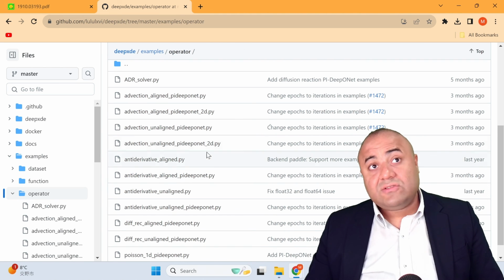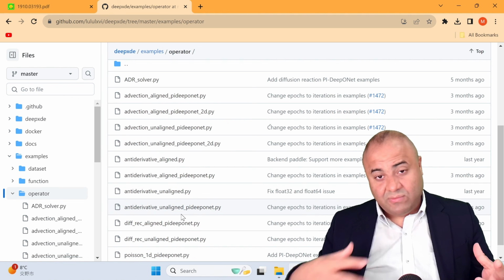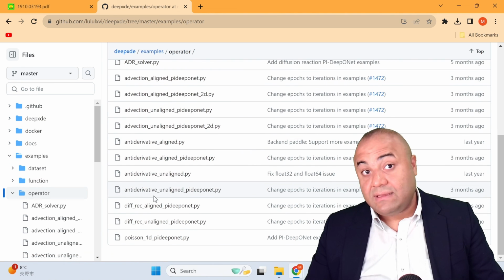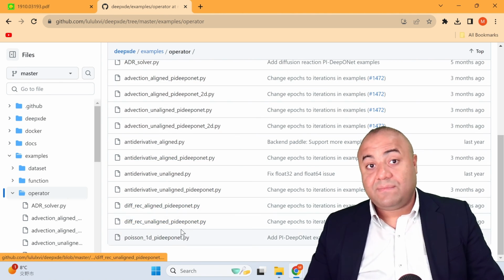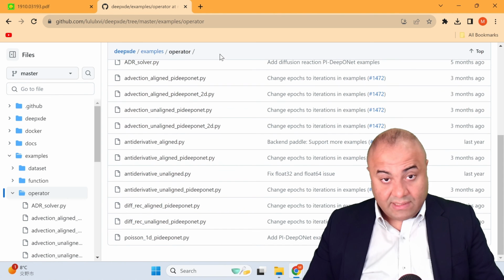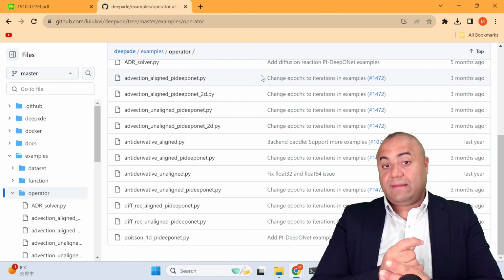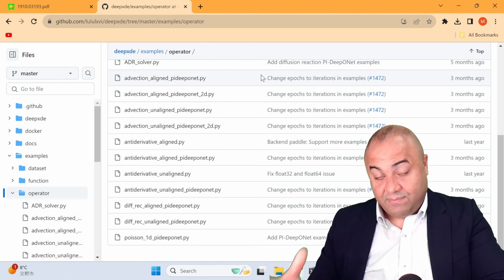So our code is not here, so we will find it. However, if you're just interested in seeing some of their code, you can find it here regarding the DeepONets. So let's work together and understand the problem of DeepONets.